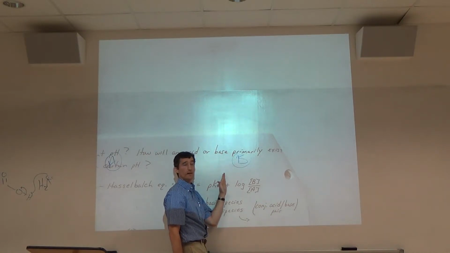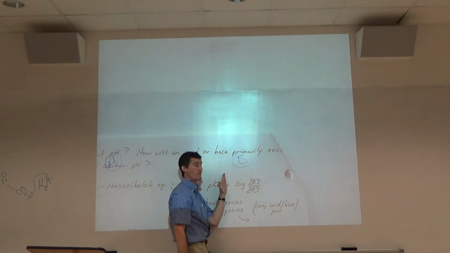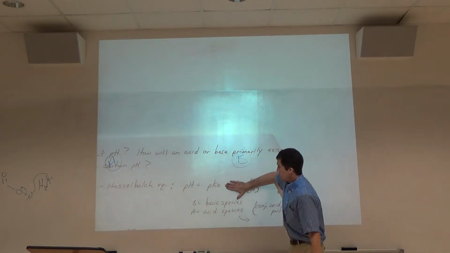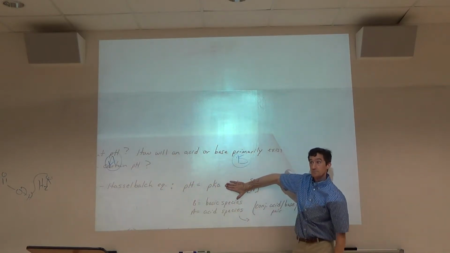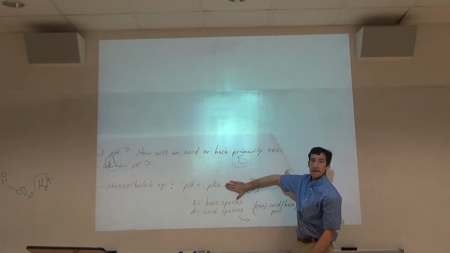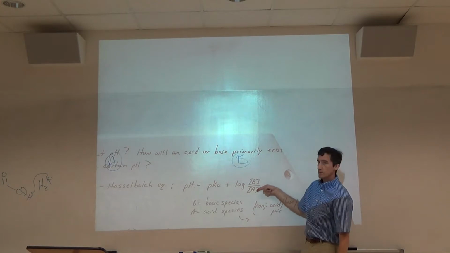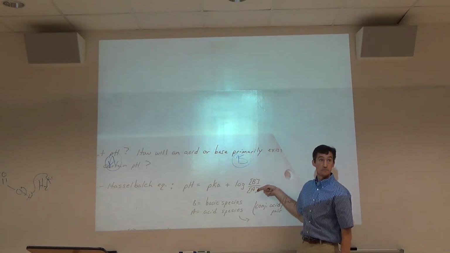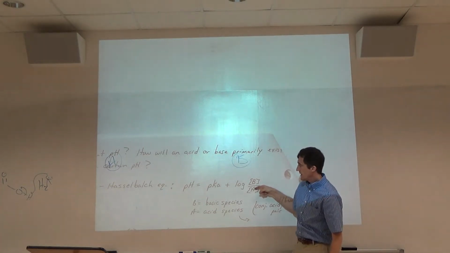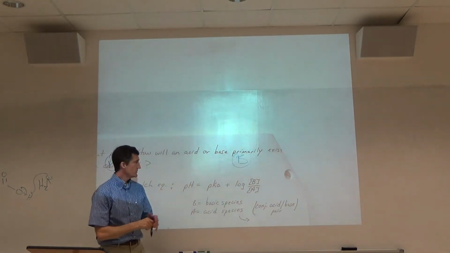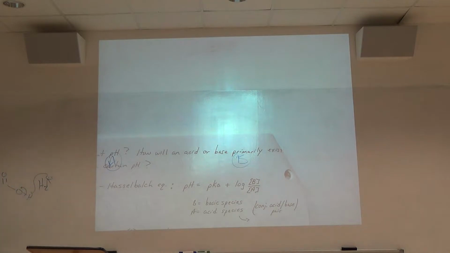Think about it. So if that's 0, what are you left with? pH equals pKa. When the pH equals pKa, what's the ratio of your species? They're equal. But if it starts adjusting, we get what I summarized.